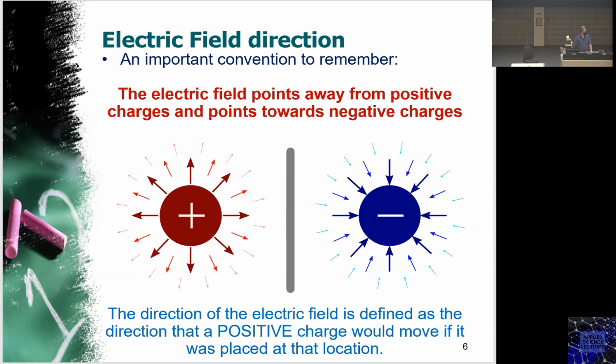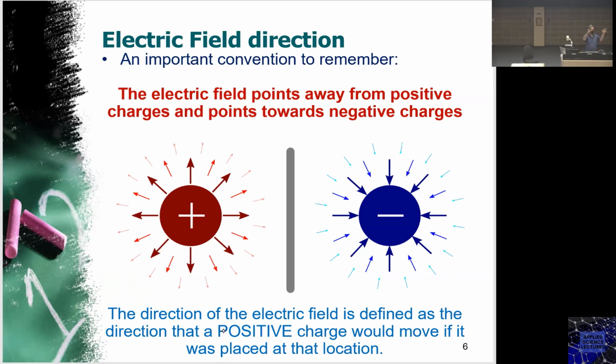So let's talk about this electric field due to the positive charge and the negative charge. This is a positive charge, and as you can see, the electric field is pointing in all directions. So you can look at it as the flame of a candle.